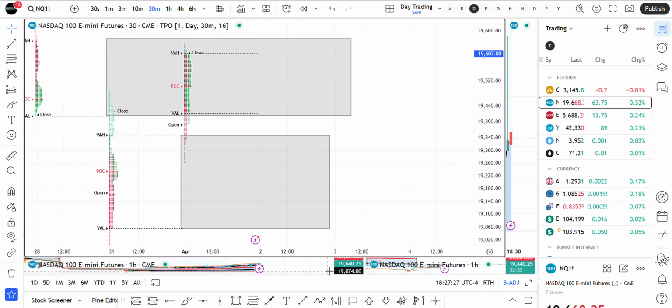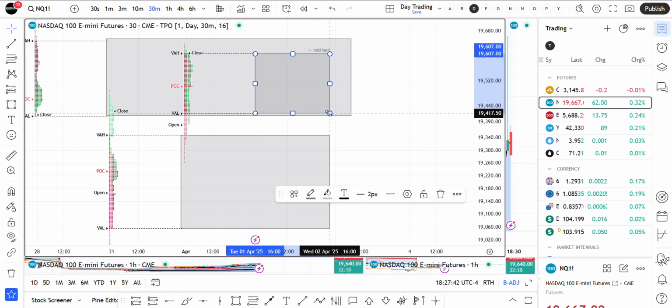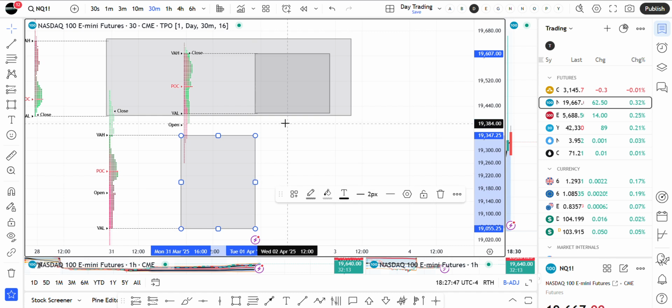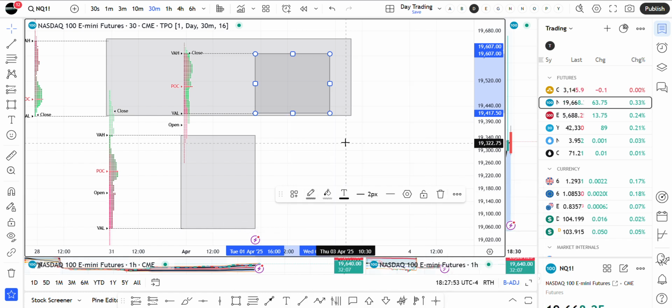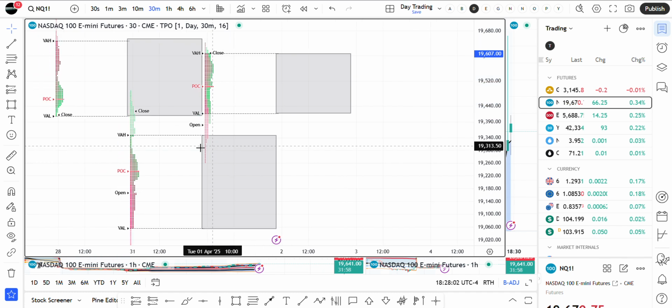So this is the current profile. 4 till 4. Remove this, or I can push this one back. Sync in layout, make sure it's daily market profile. Push this one back. It's the old one. It's not a beautiful profile, but I think it's usable.